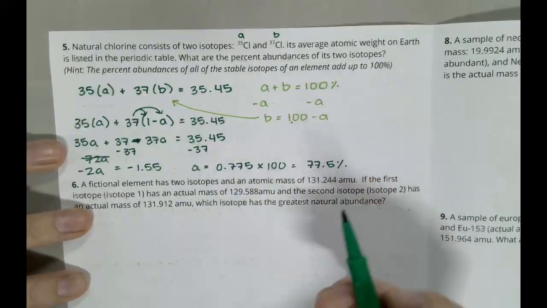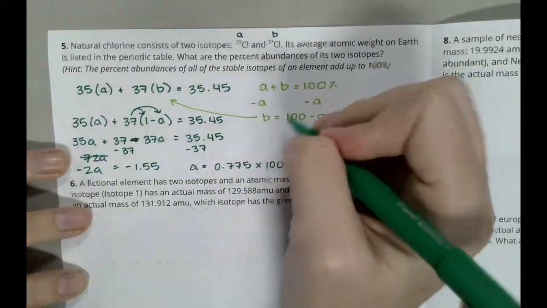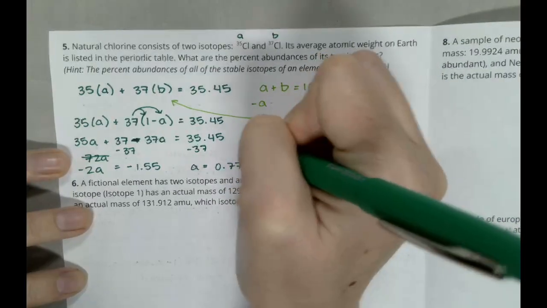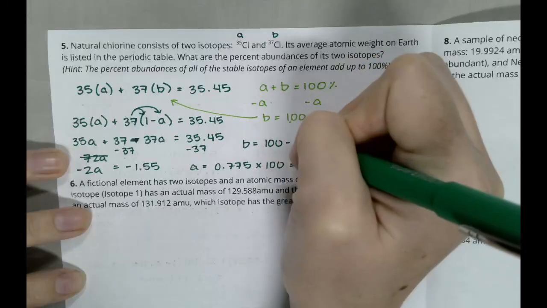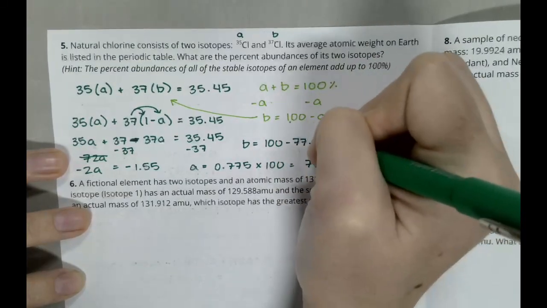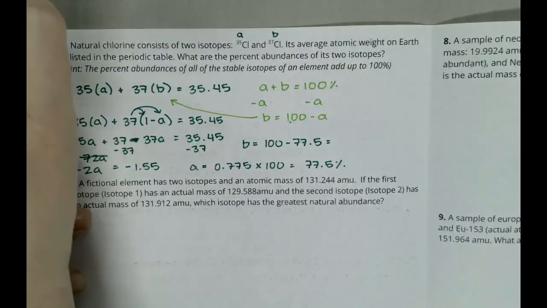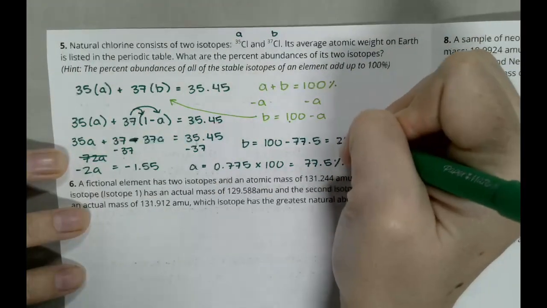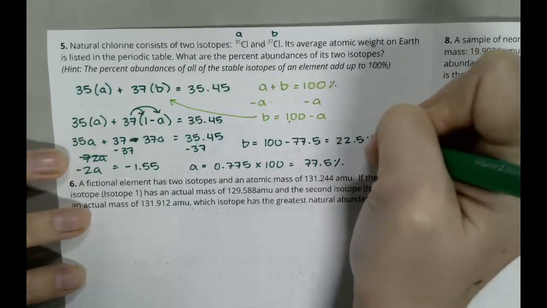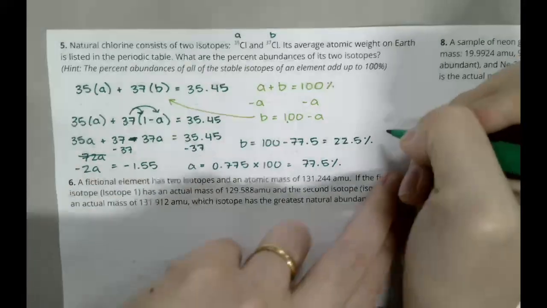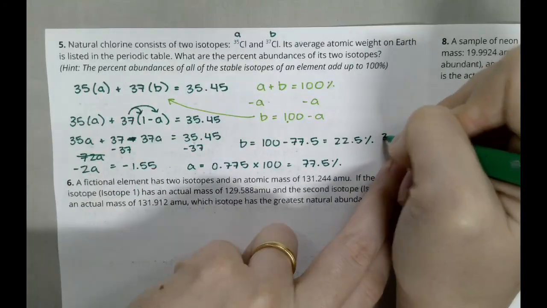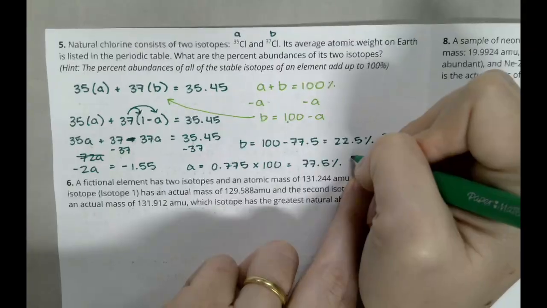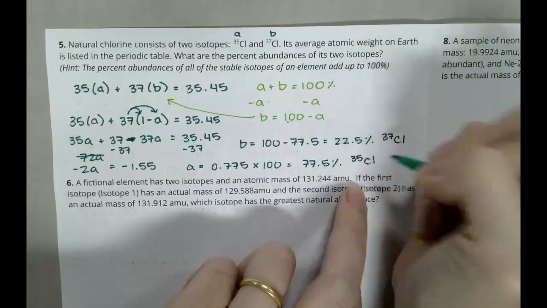How about the abundance of 37? Well, that's pretty simple. We already have an equation for that. It's 100 minus A. So B equals 100 minus 77.5. And that's going to give us 22.5% abundance for chlorine 37. And this is 77.5 for chlorine 35.